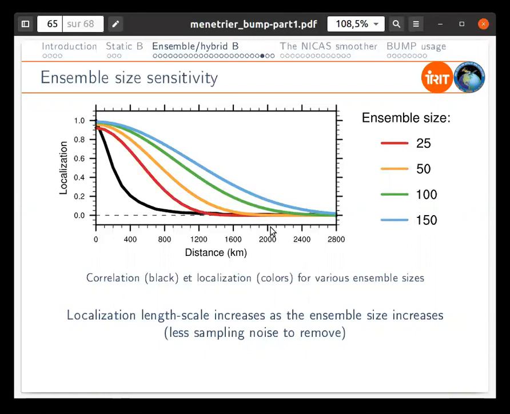So we prefer to reduce the signal but remove the noise far away from the origin. But if we have more members, like 50, 100, or 150, then we can increase the localization length scale because we are more confident in the sample covariance, and we have less noise. The curves you see here are given by the BUMP diagnostics, and they are consistent with what we would expect.